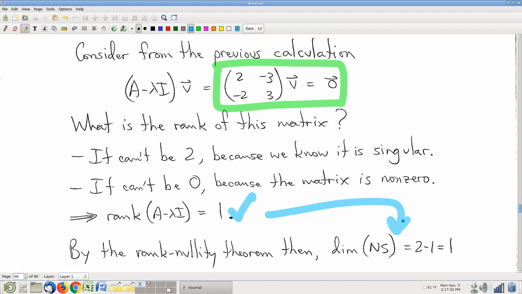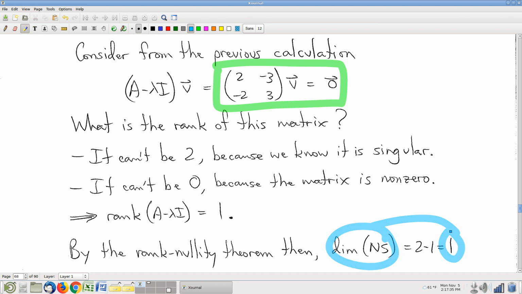Okay, now we found the dimension of the null space. We were looking for the actual null space, so this doesn't really cut it. We want to know the actual null space vectors. But I claim that knowing the dimension is 1 is tremendously helpful. One-dimensional vector spaces have some really convenient features.